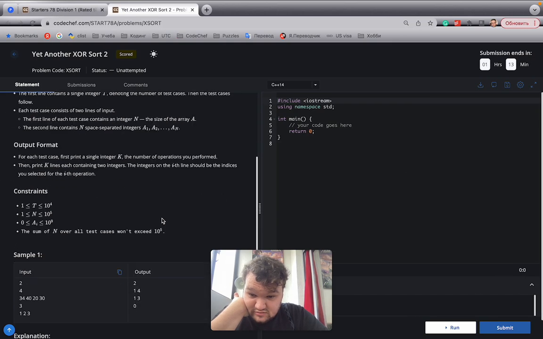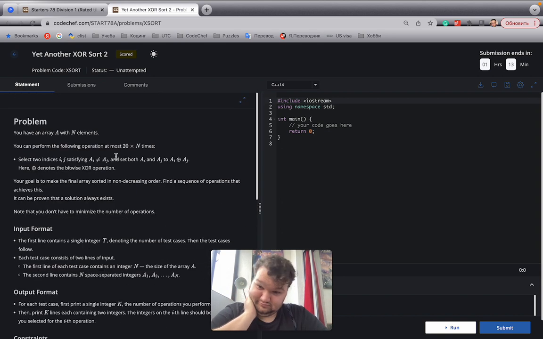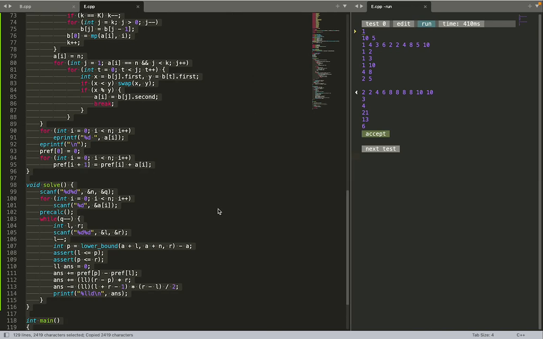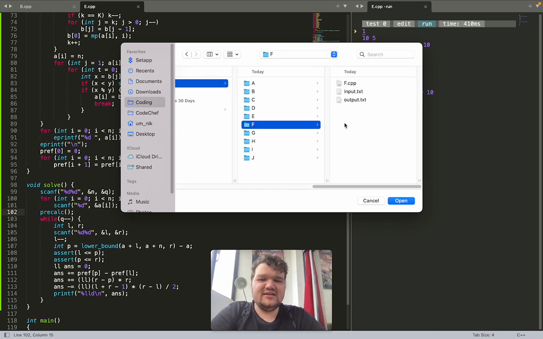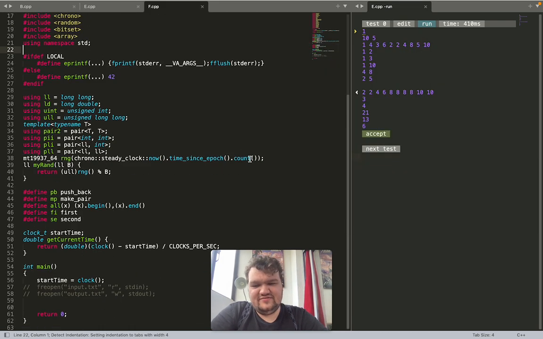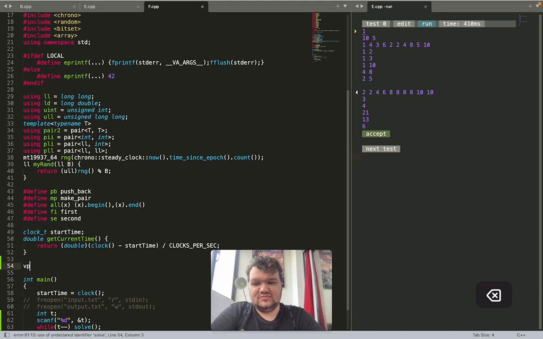Yeah, that works. Okay, that's a nice constructive problem. Yeah, it borrows heavily from that Codeforces problem. But that's not a bad thing.